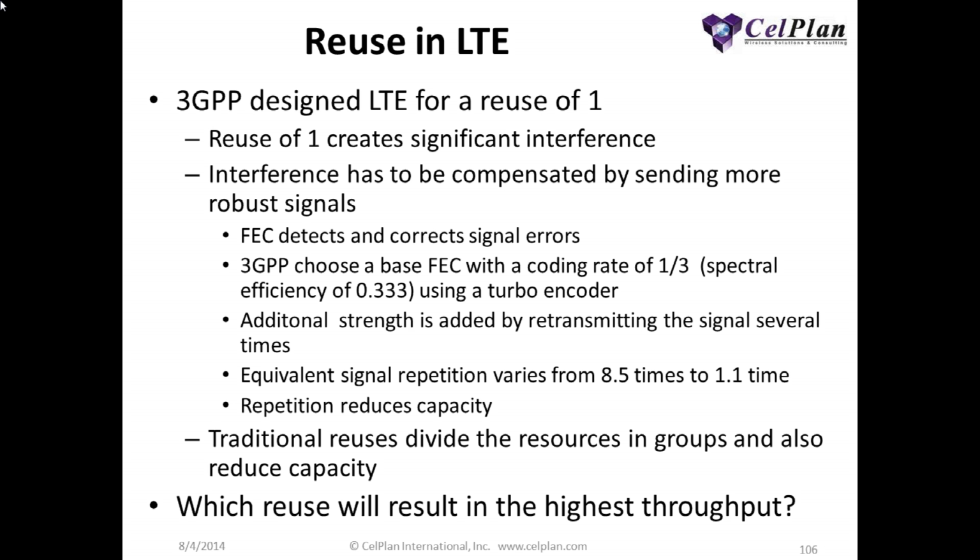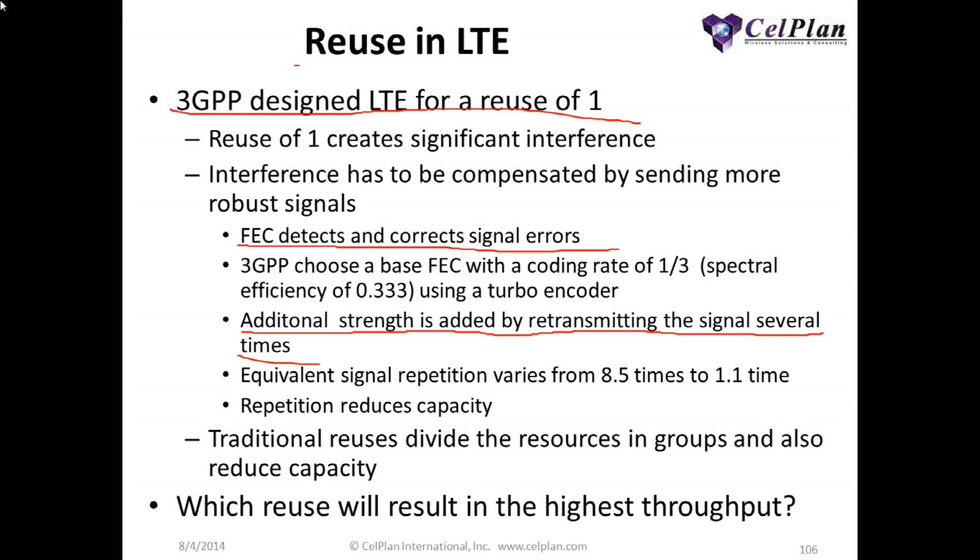So basically what 3GPP did in LTE is to design everything for a reuse of 1, so the FEC can detect and correct signal errors, and additional strength is added by retransmitting the signal several times.